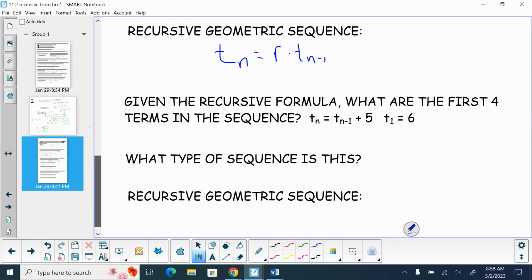If we look at the next one here, Tn is equal to Tn minus 1 plus 5, T1 is equal to 6. So what's T2, T3 and T4?